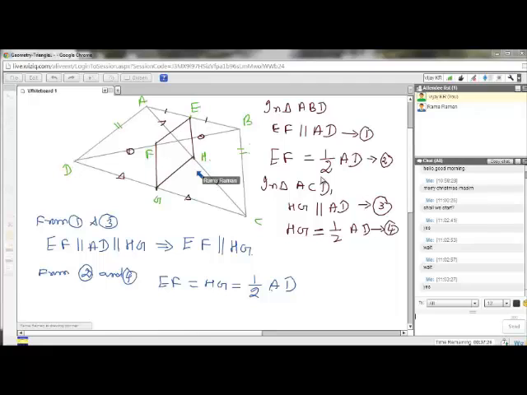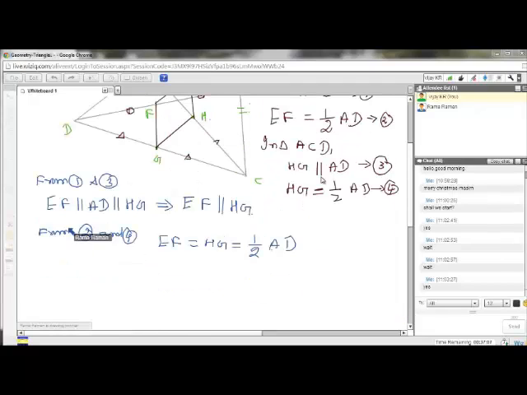In this quadrilateral, we have got one pair of opposite sides, that is EF and HG, parallel and equal. That implies that EFGH is a parallelogram.